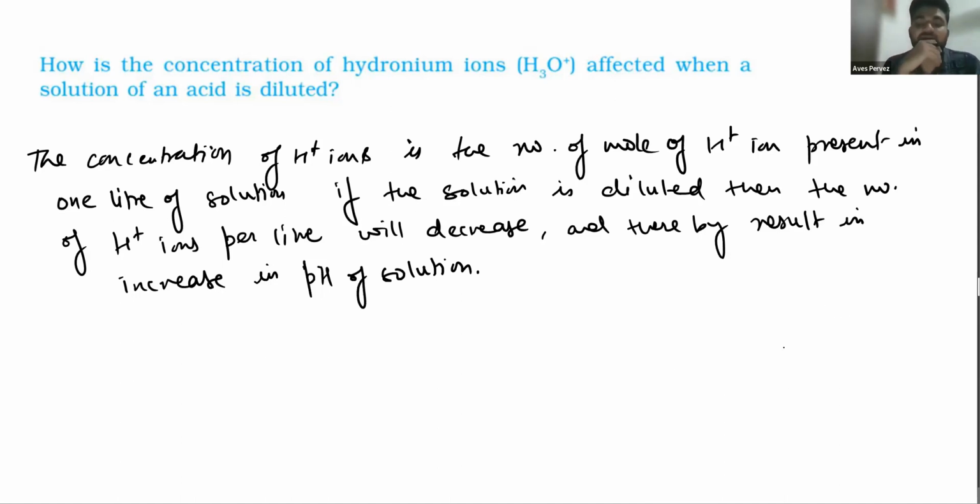If we are increasing the number of liters of solution, then the H plus ions per liter will decrease, so this will result in an increase in pH. Are you getting my point clearly? Yes, sir. Okay, so let's move further. Have you noted this one?